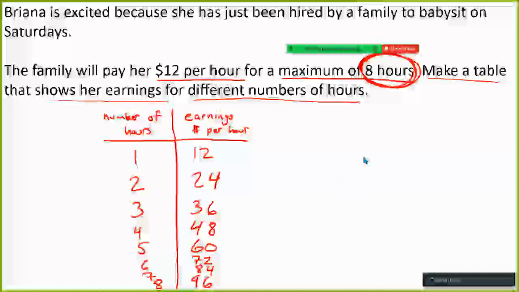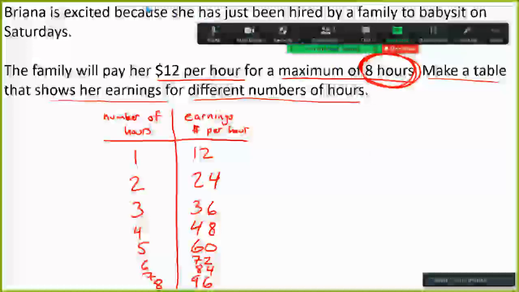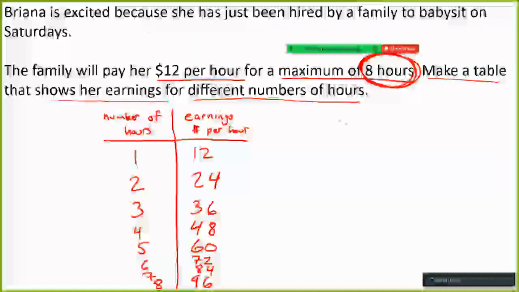Josiah, I can't read what it says after 6. Isn't it 7 and 8? It's 7 and 8. So for 7 we have $84 made, and for 8 we have 96 made. Okay, thank you.